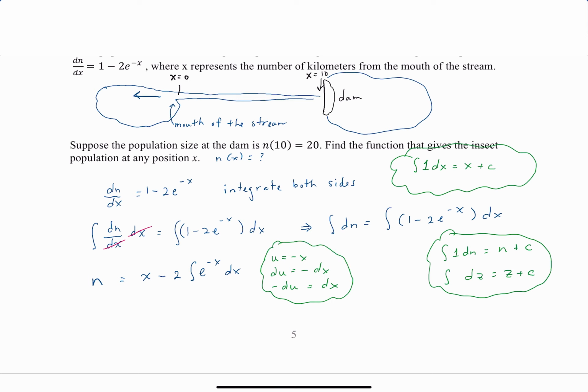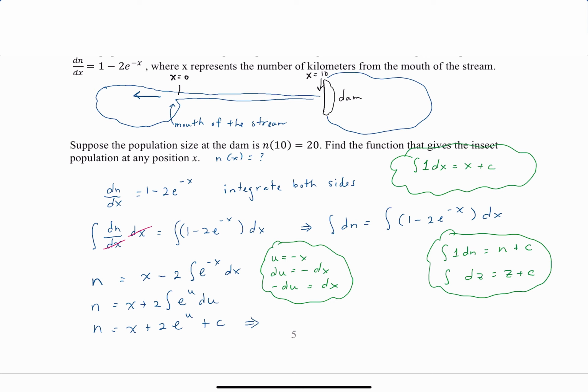At this point, I'll have n equals x minus 2 times, I've got another minus sign, so I'm just going to use that to cancel out the minus sign in front of the 2, and I have e to the u du. So n will be x plus 2 e to the u plus a constant.